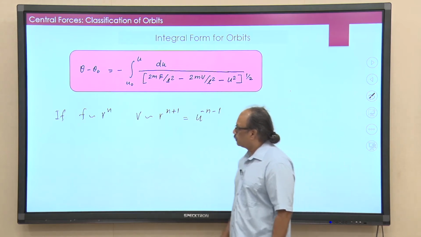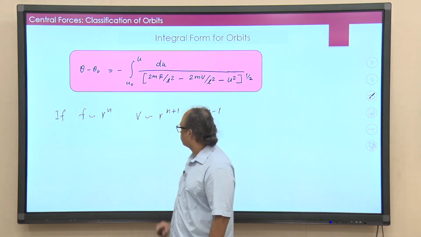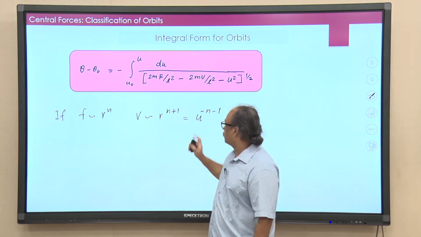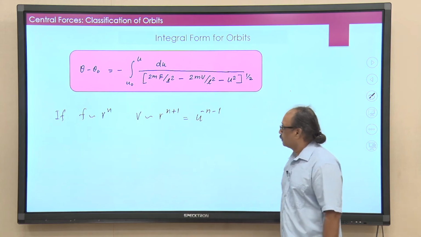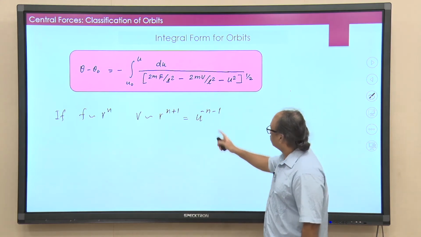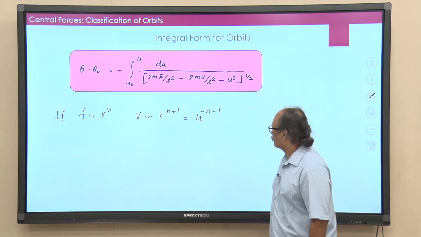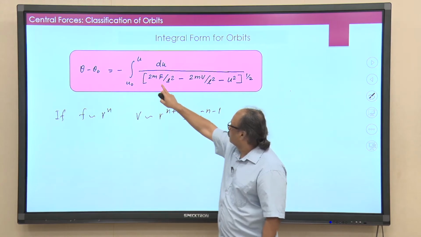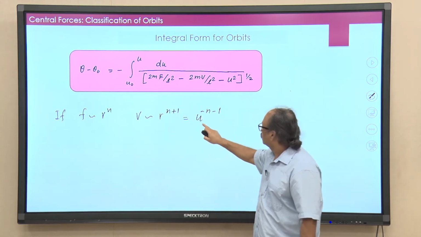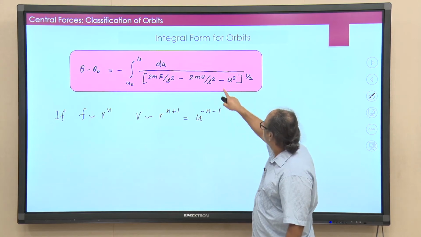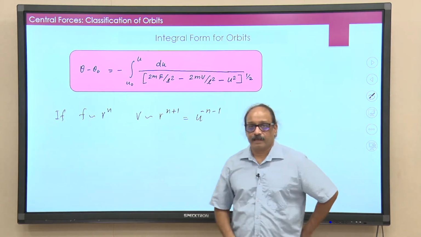If your force goes as r to the power n, then V will go as r to the power n plus 1 or u to the power minus n minus 1. And if I substitute that back into this, then of course, all that will happen is I have this constant factor, and this would be u to the power minus n minus 1, and there is a minus u square.